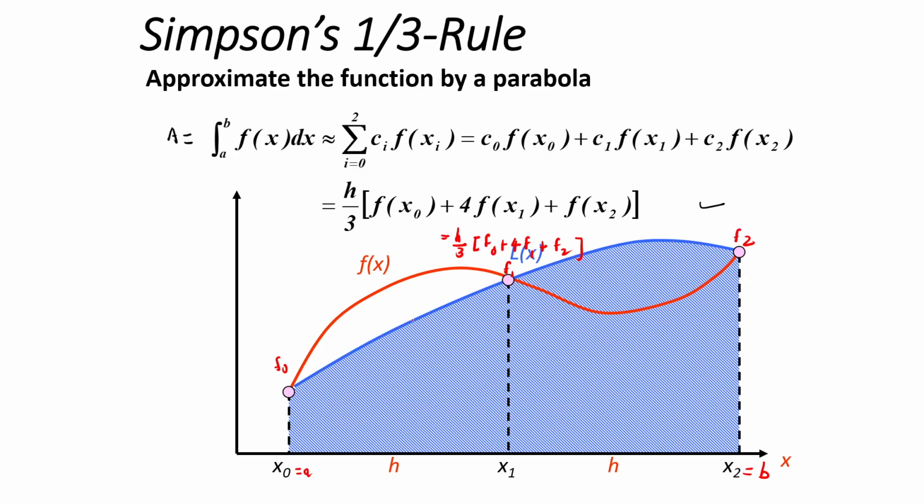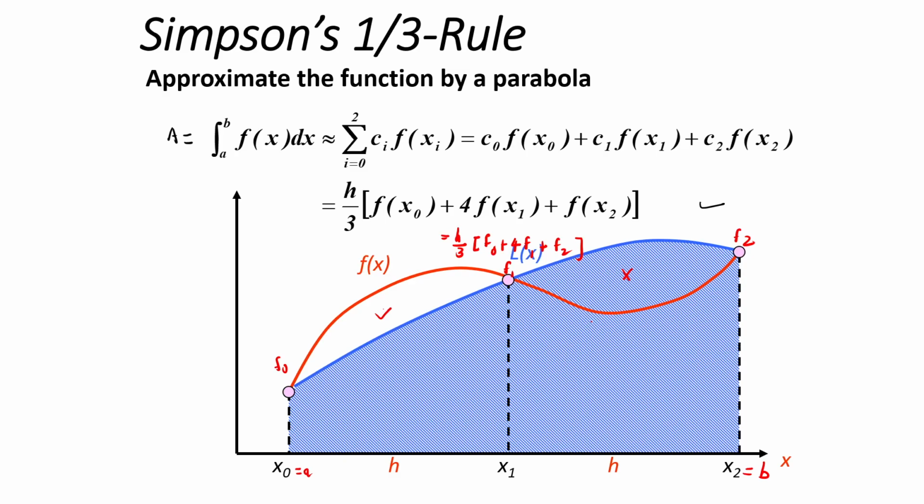With two segments, three points, you have a quadratic or parabola curve. This is a parabola curve, and you see that the area is estimated below the blue curve. So this white part should be included in the calculation, but is excluded. This part, supposed to be not included, is included. That's why the error is big if we use only two segments.